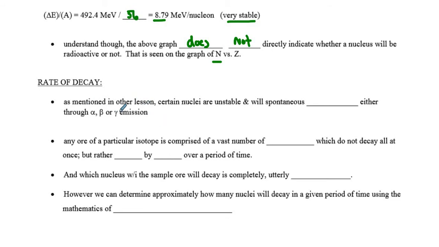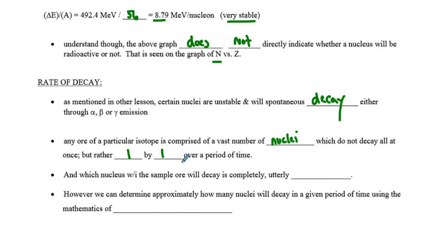As mentioned in other lessons, certain nuclei are unstable and will spontaneously decay either through an alpha, a helium nucleus, beta, an electron or positron emission, or gamma, a photon. And furthermore, any ore of a particular isotope is comprised of a vast number of nuclei, which do not decay all at once, but rather this happens one by one over a period of time.